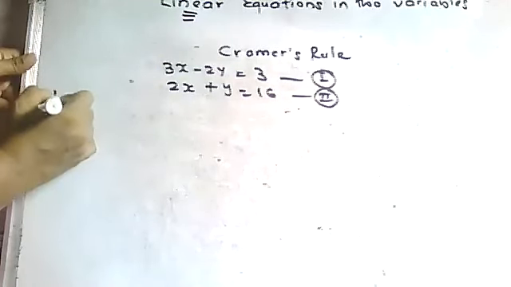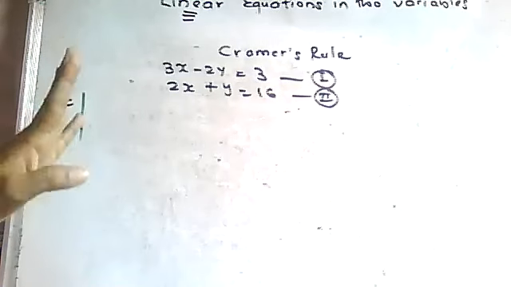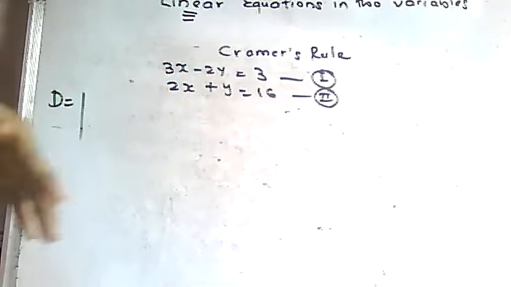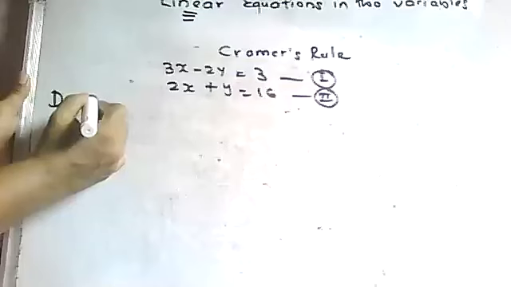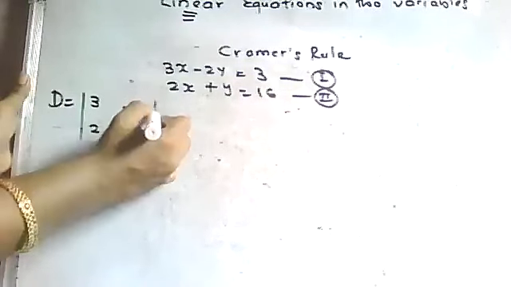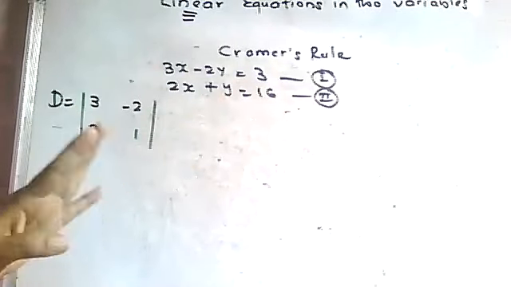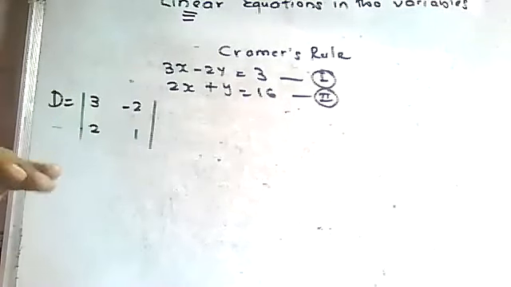Then we will write D is equal to, D is for determinant, and we are going to write all the coefficients of x and y one below the other. Like here, first from a, 3, minus 2, 2 and 1. Nothing is there, that means 1 is there. You don't have to write y. We are taking only the coefficients.